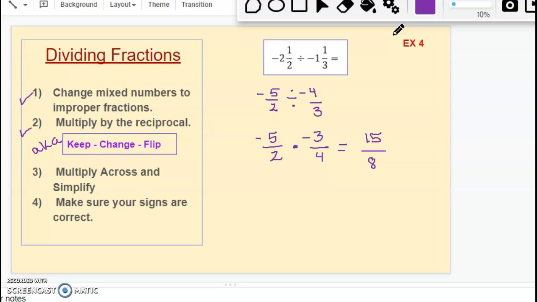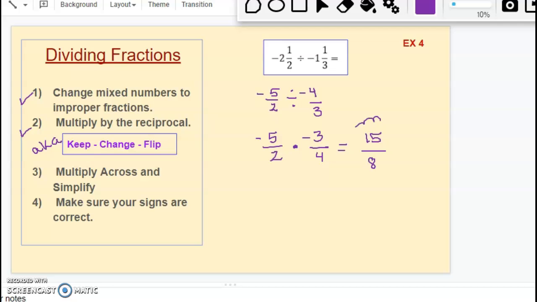Okay, let's see if I can simplify. I can't divide by 2 because 15 is not even. I know that 3 goes into 15, but it doesn't go into 8, so I can't use that. I know that 5 goes into 15, but that doesn't go into 8 evenly. And 15 will go into 15, but 15 will not go into 8.